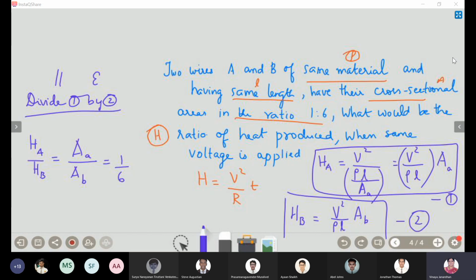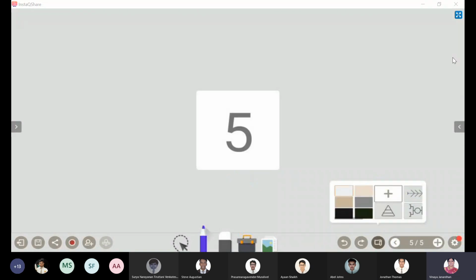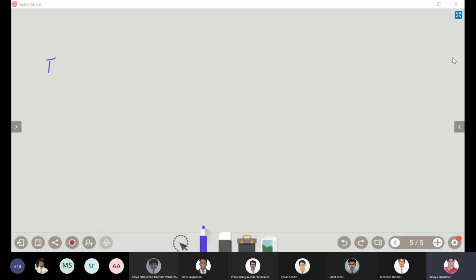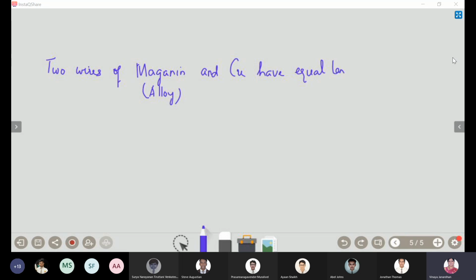Next one, 2 wires, right, boys? 2 wires of manganese and copper. Manganese is an alloy. They have equal length and equal resistances.